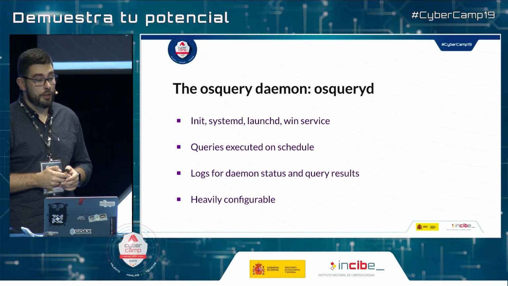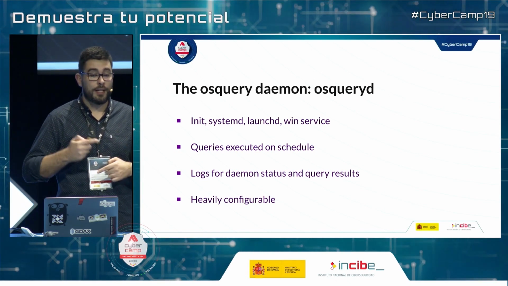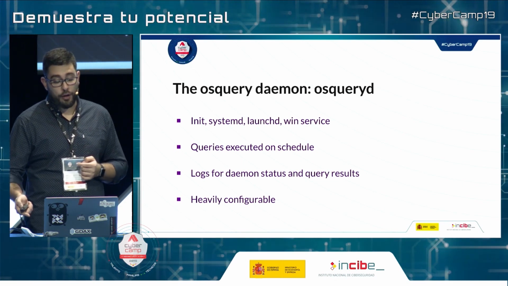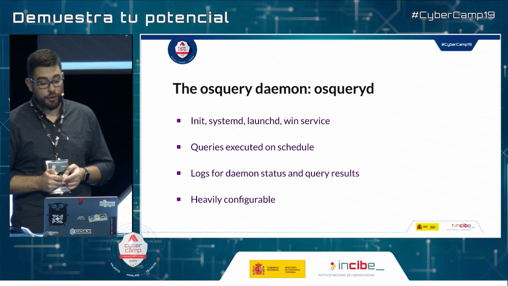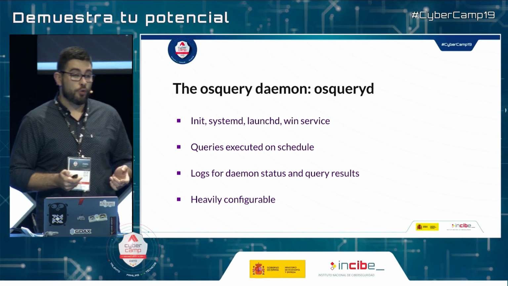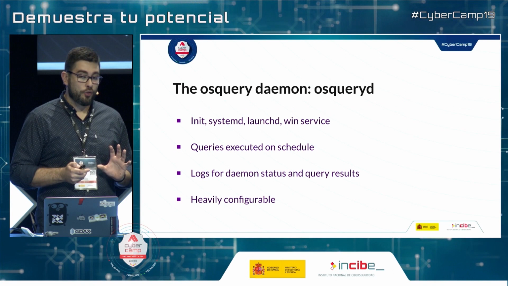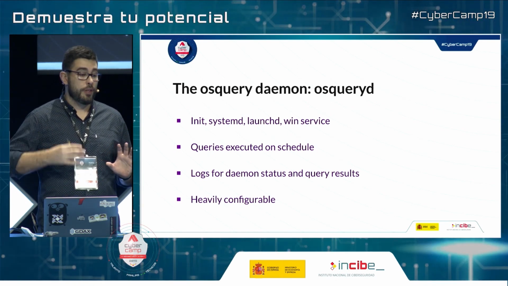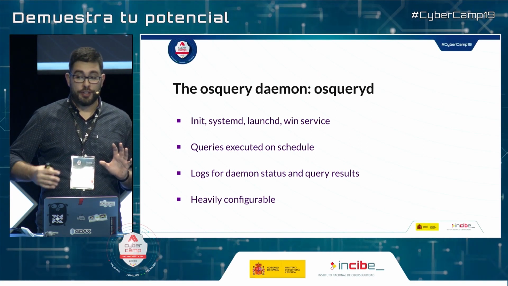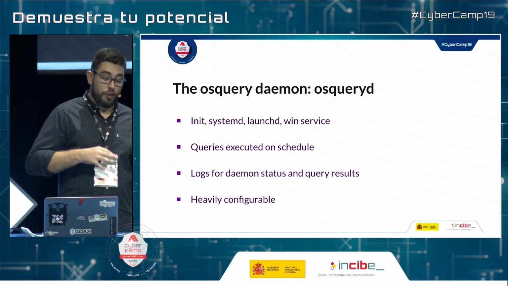That's how you install it when you install the OSQuery package. It executes immediately and automatically, and I'm going to explain to you how you can configure it once it's installed and executed. What's powerful about OSQuery is that it executes queries continuously.